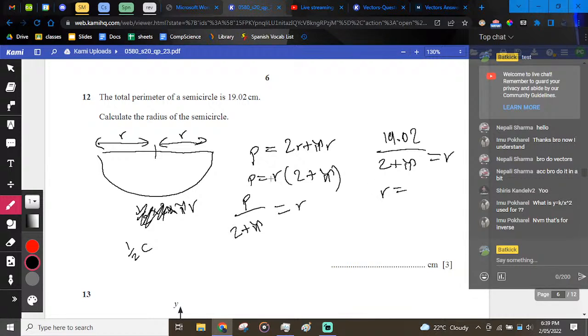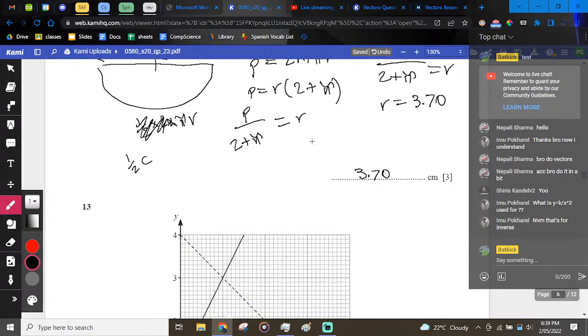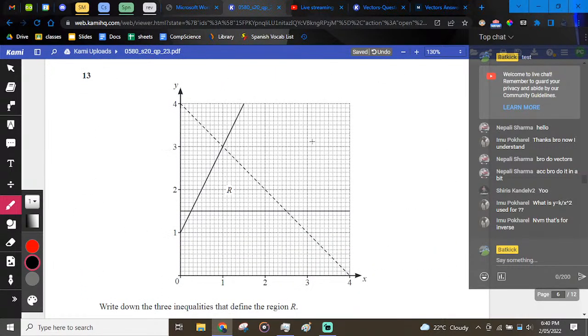R equals 19.02 over 2 plus pi, and r is 3.7 precisely. But I'm going to give 3 SF because it's actually 3.70 cm. That's the radius of the semicircle.